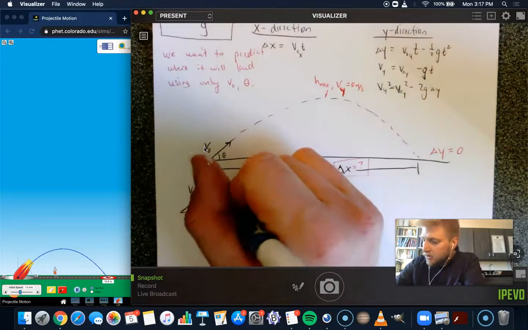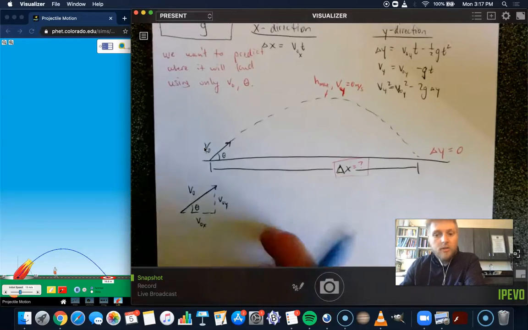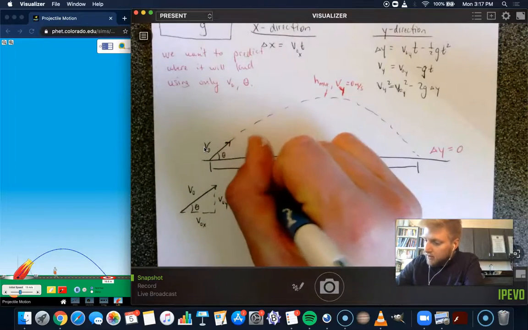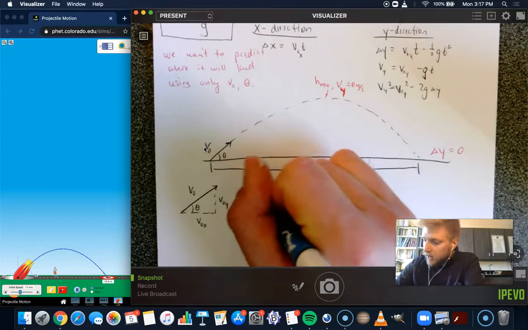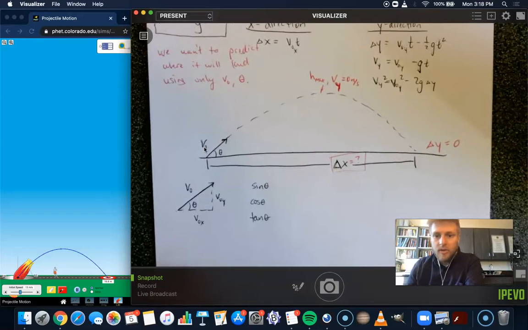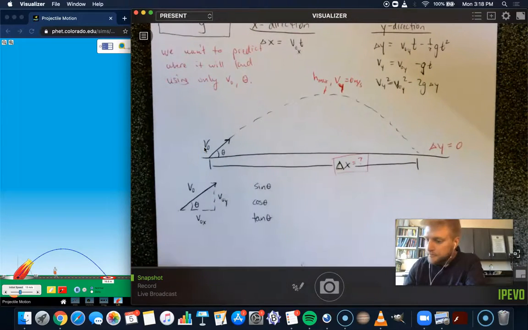And that means we have an initial velocity in the y direction and an initial velocity in the x direction. And what we want to do is, using trigonometry, set that up. So I'm just going to blindly write down sine theta, cos theta, and tan theta. We don't know which of those is going to be useful to us yet, but we know that we're going to need that information in some way.